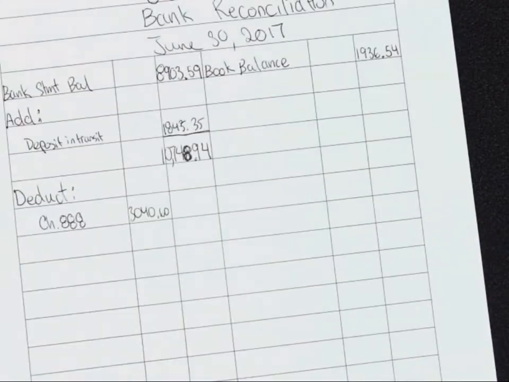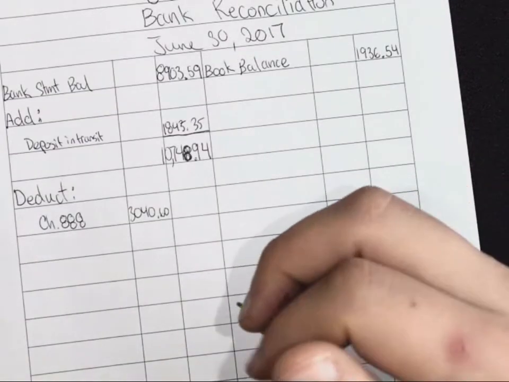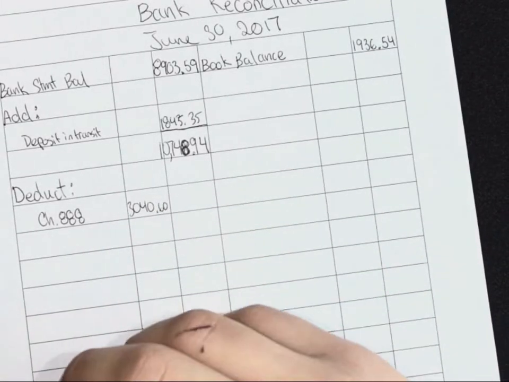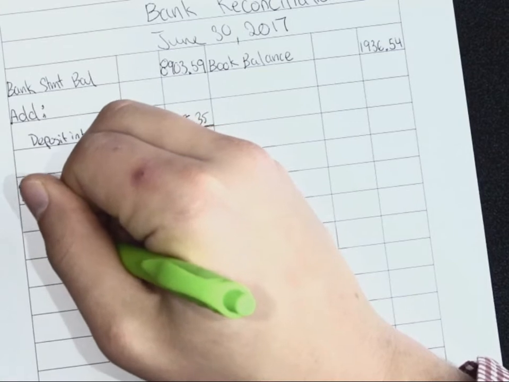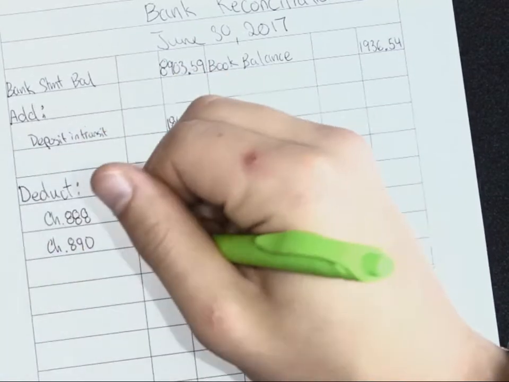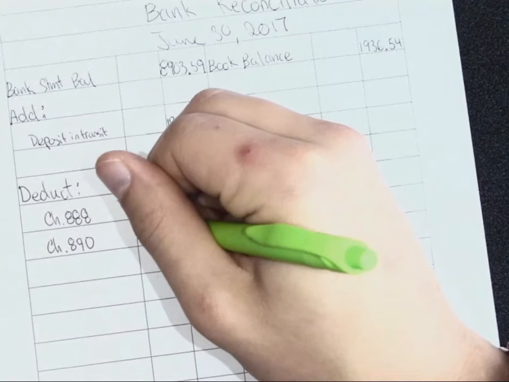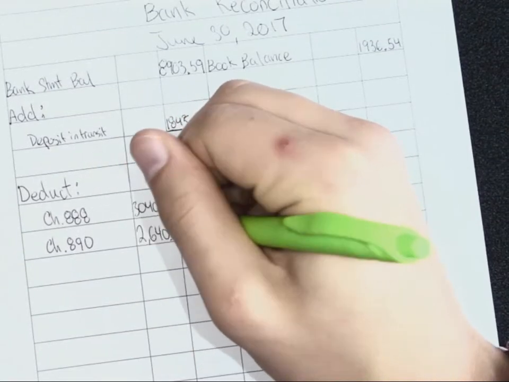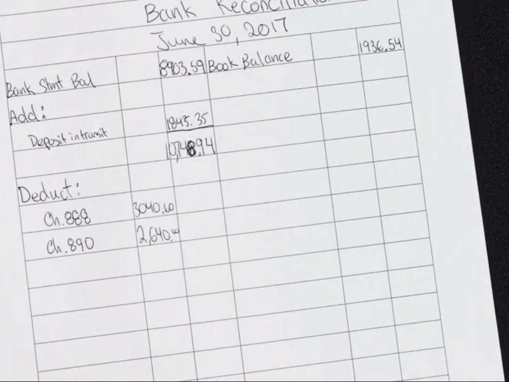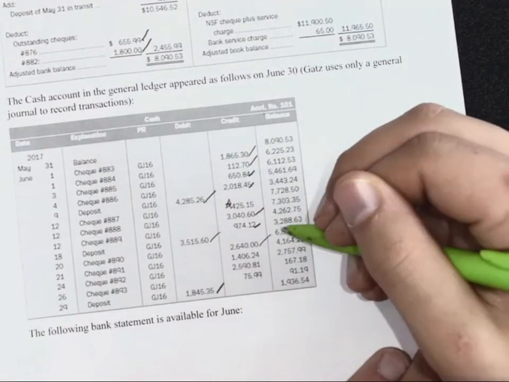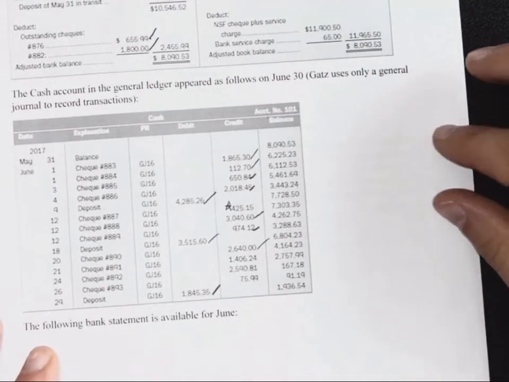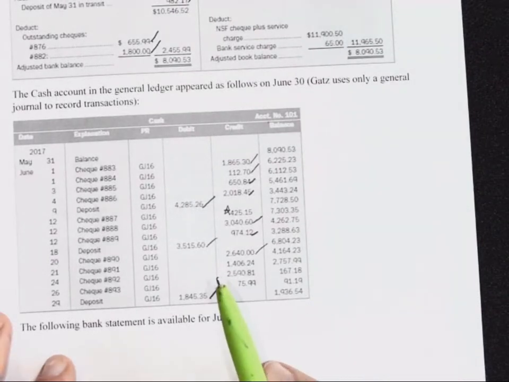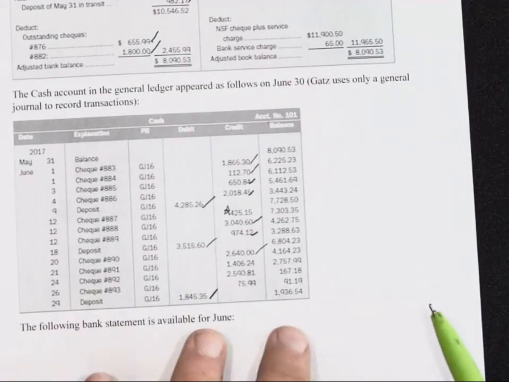Nope, it has not cleared. Check 891 for $1,406.24.